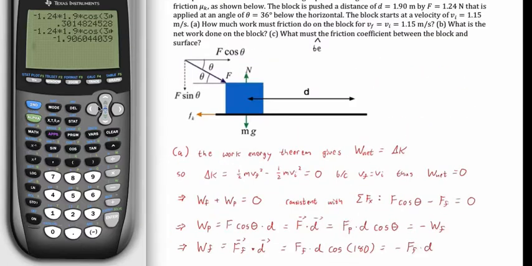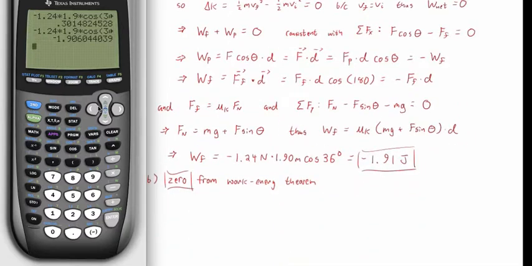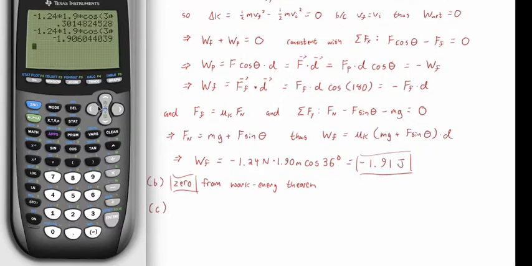All right, and as far as part C, what must be the friction coefficient between the block and the surface? Okay, so if we're going to look at the friction coefficient, then we'll go back up to the expression that we had for the work of friction, and we'll just solve for the friction coefficient.